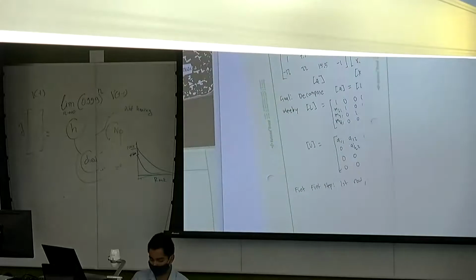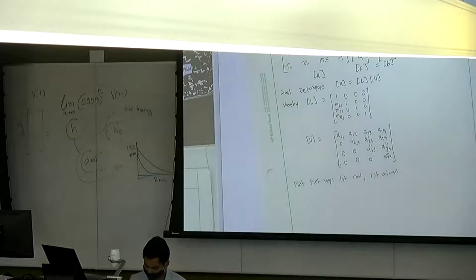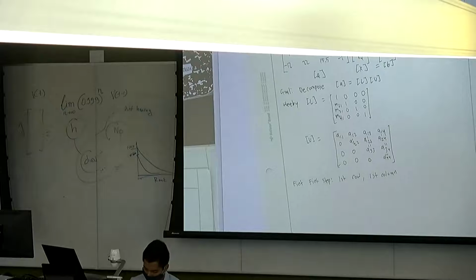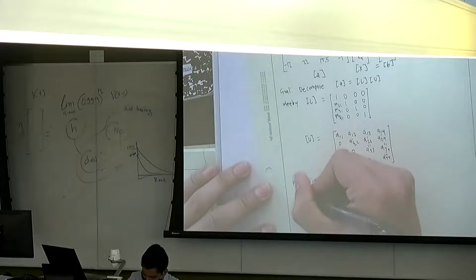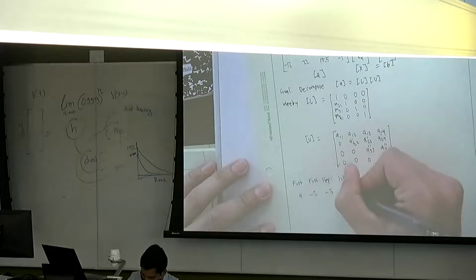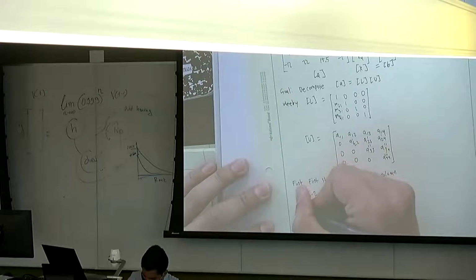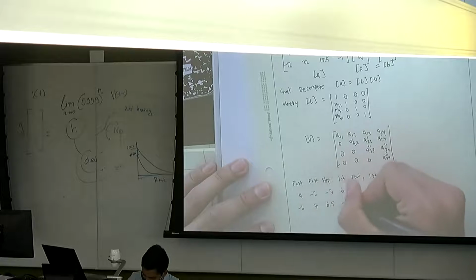So how do we do that last time? I'm going to rewrite it just so we see it: 4, -2, -3, 6, -6, 7, 6.5, -6.